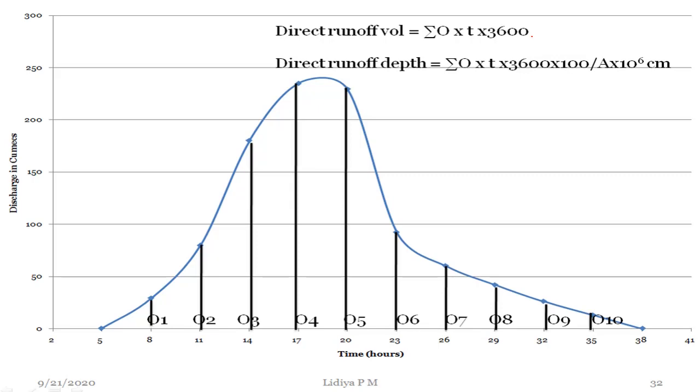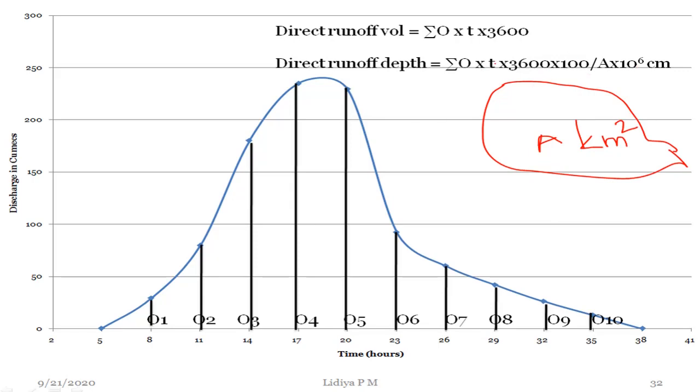Next, we have to find out the direct runoff depth. We know the area of the basin. Say this represents the entire area of the basin. We divide the volume by the area. Here the area is in kilometer square, so converting kilometer square into meter square, we multiply by 10 raised to 6.